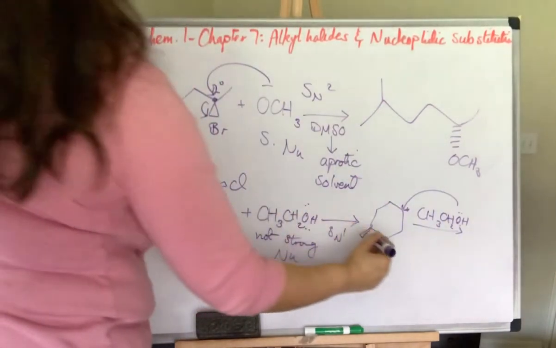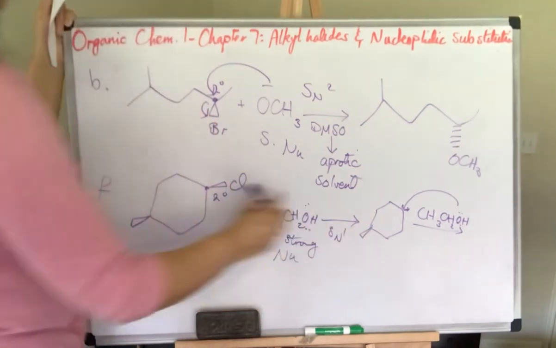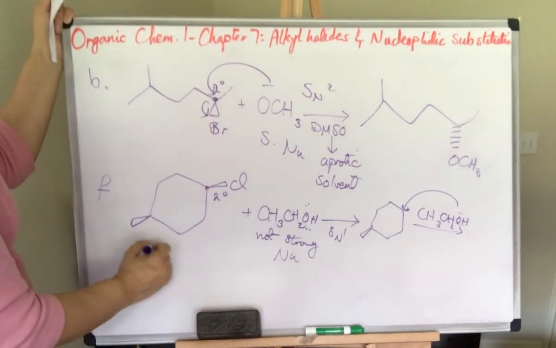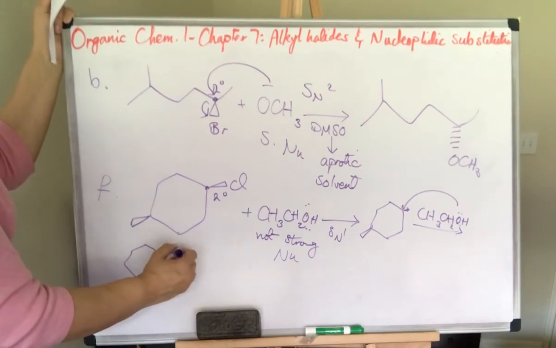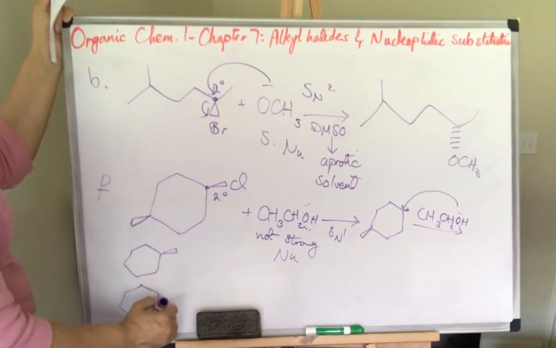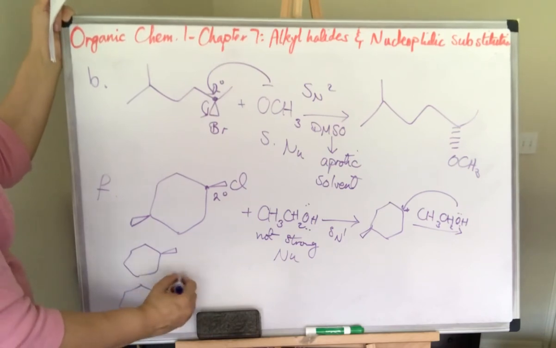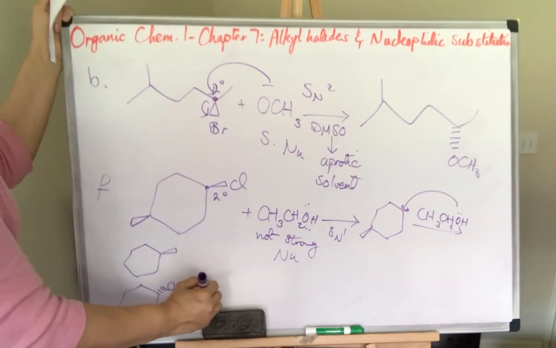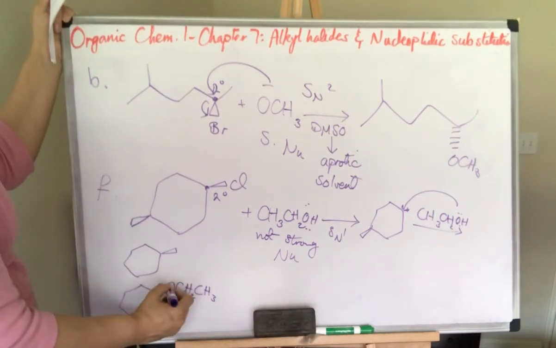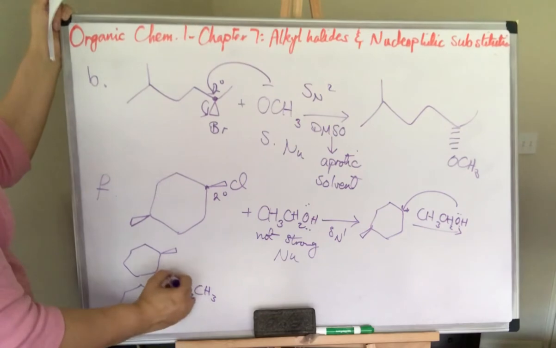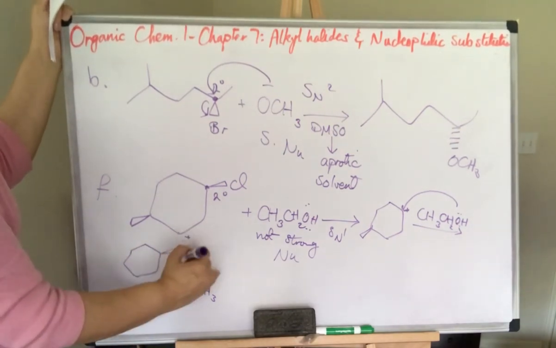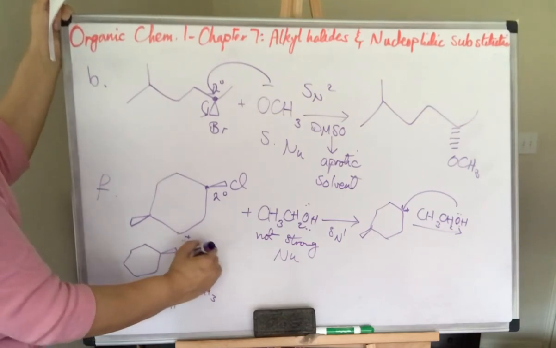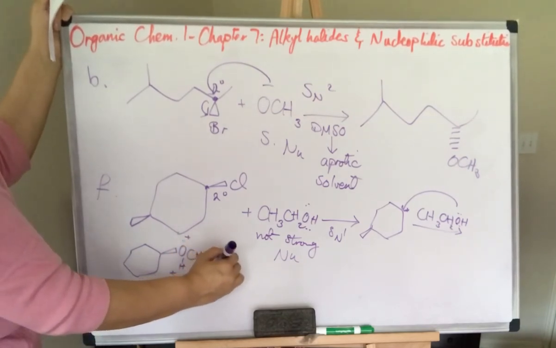Then you have, let me draw it here. You have either this or this, right? Depending on where oxygen attacks from. Because for SN1 reaction, we're supposed to have racemic mixture, right?